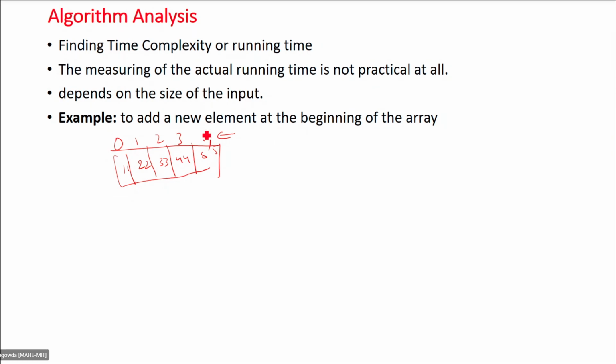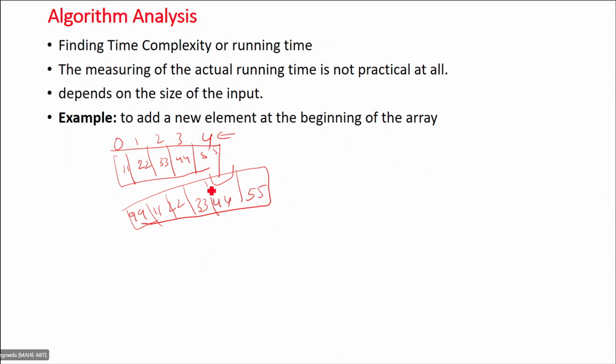To achieve this, we need to shift each element towards the right, so that I move the 55 to this location, and 44 to this, 33, 22, and 11, and I need to add the new element, say for example 99, to this location. This is what I am supposed to do.